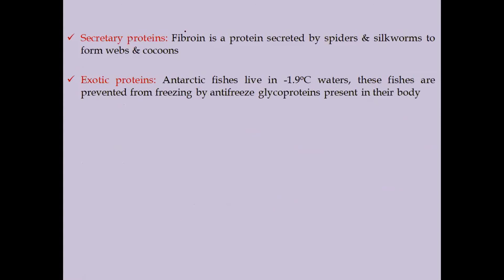The next type is secretory proteins. Secretory proteins such as fibroin are proteins secreted by spiders and silkworms to form webs and cocoons. So these are known as the types of secretory proteins. The last one is exotic protein.